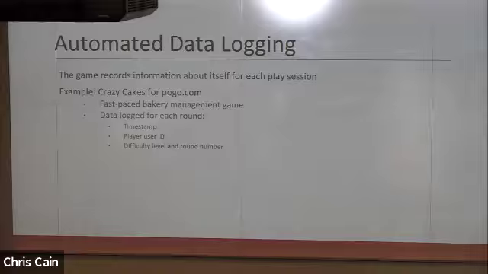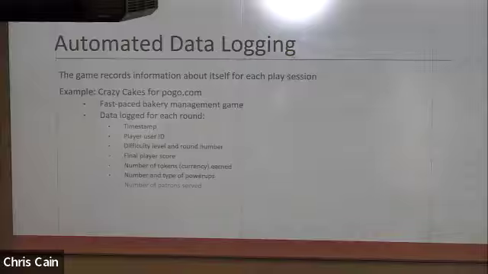The difficulty level and round number that they were playing at, the final player score, and the amount of tokens or currency earned, number and type of power-ups picked up, and number of patrons served, the total number of desserts served to patrons.